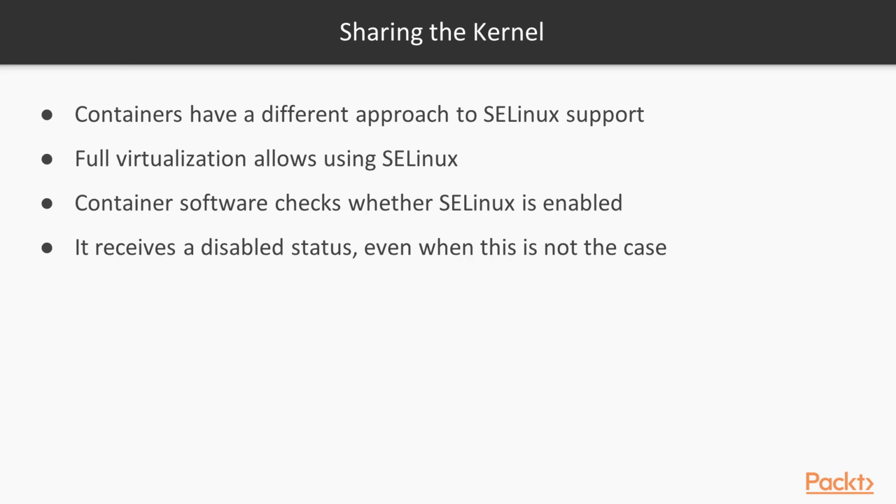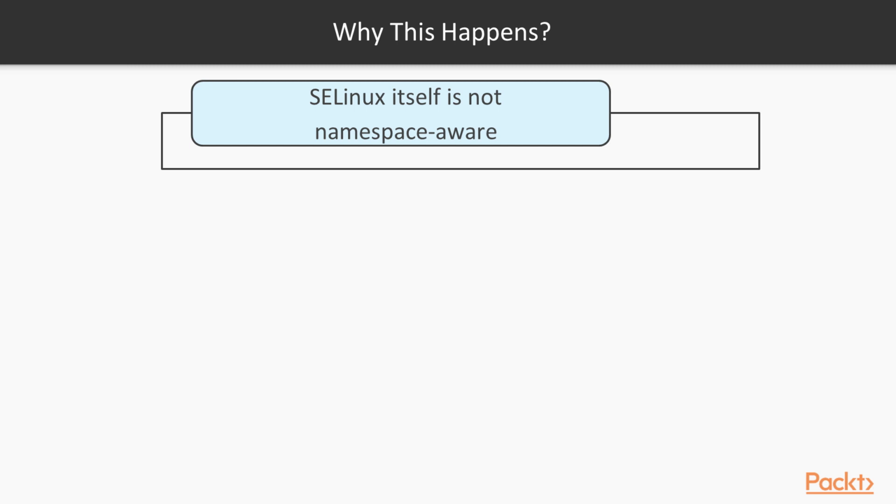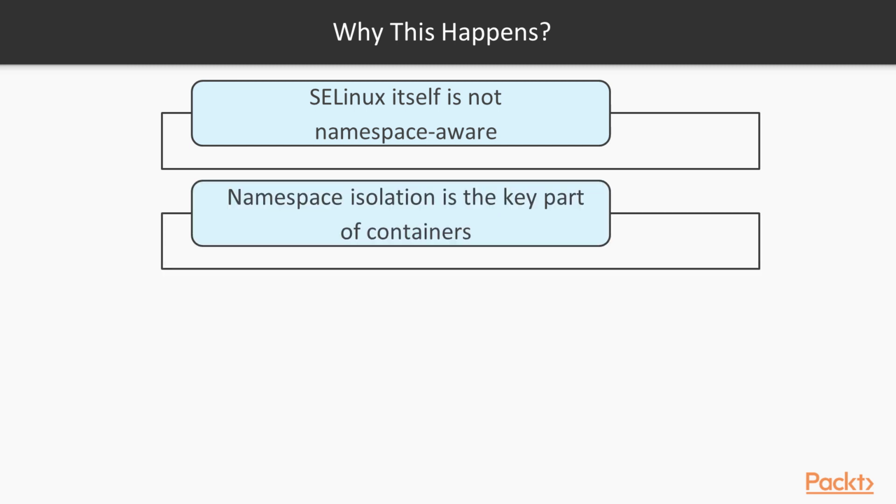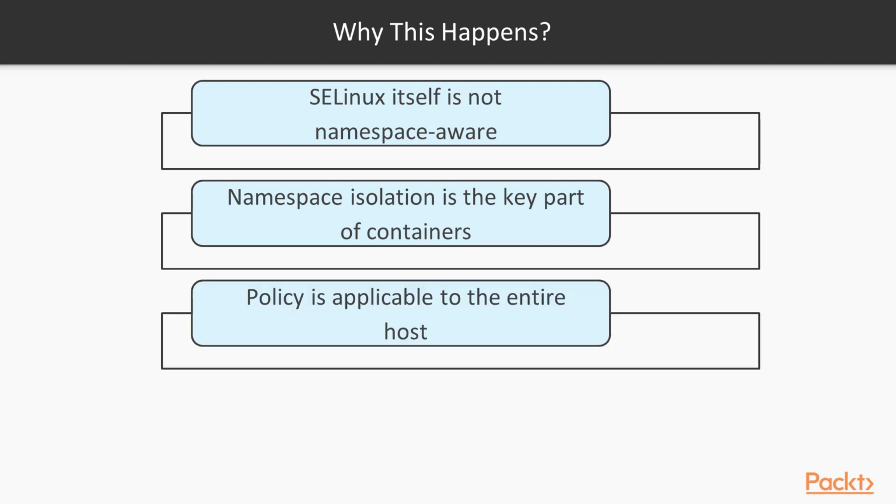Right now, if in-container software checks whether SELinux is enabled, it receives a disabled status, even when this is not the case. The reason behind this is that SELinux itself is not namespace aware. While namespace isolation is the key part of containers on Linux, SELinux is part of the Linux kernel, and the policy is applicable to the entire host.